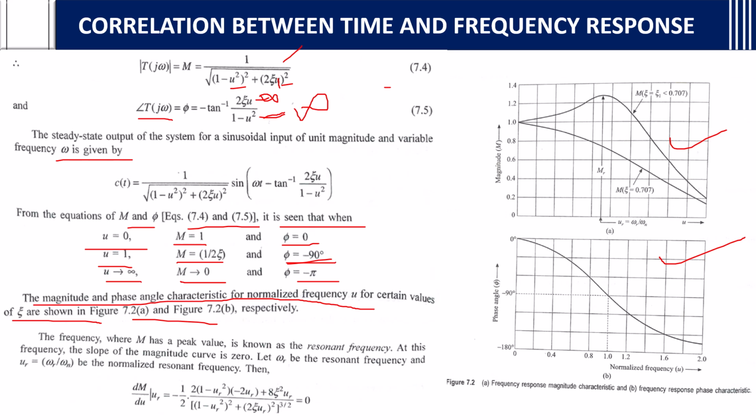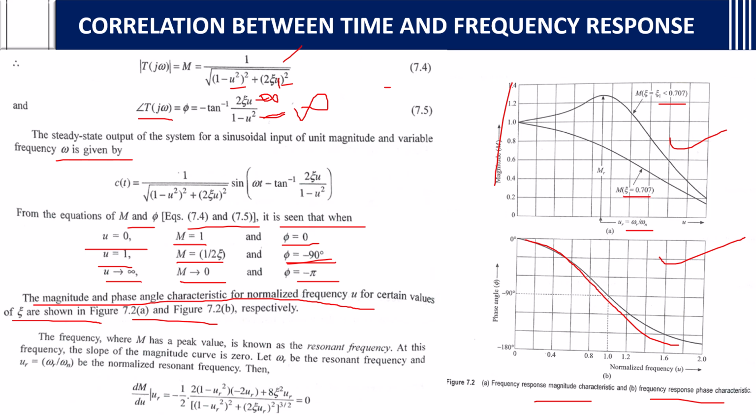That is when xi is 0.707 and xi is less than or equal to 0.707. How the angles are, and the normalized frequency omega r by omega n with phase angle and magnitude. How the frequency response magnitude characteristics and frequency response phase characteristics can be seen in this diagram.